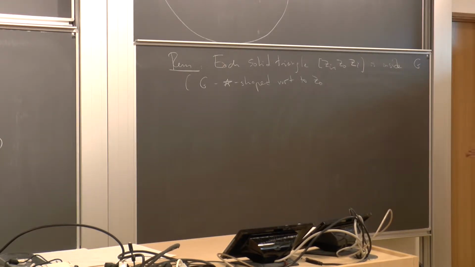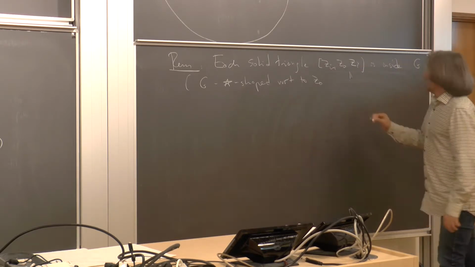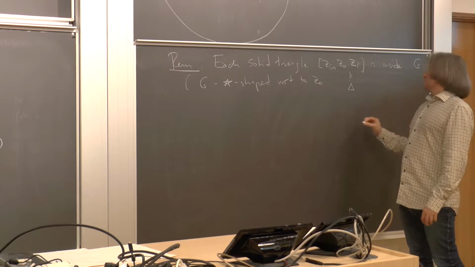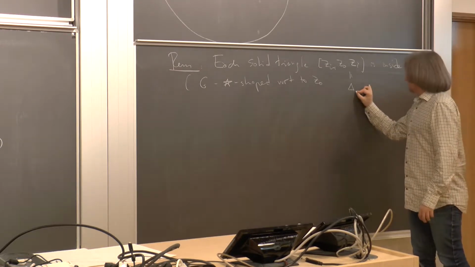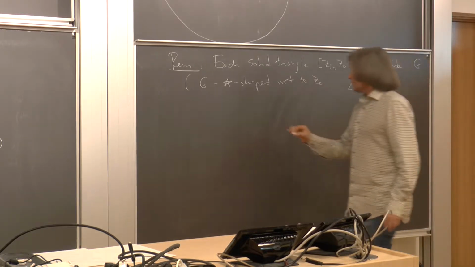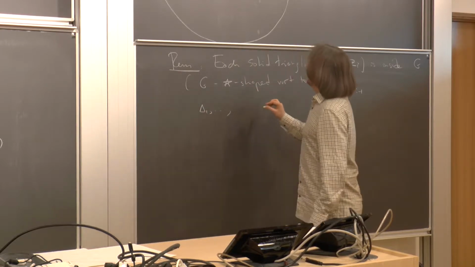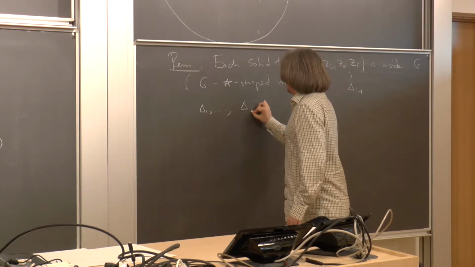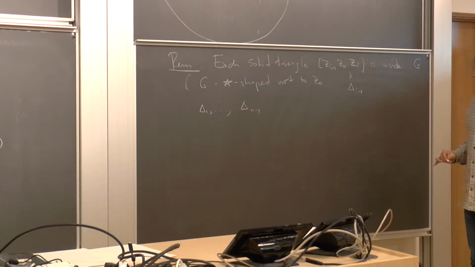Call it just delta I, or maybe delta I minus 1. So we have delta 1, and so on, and the last one will be delta n minus 1.